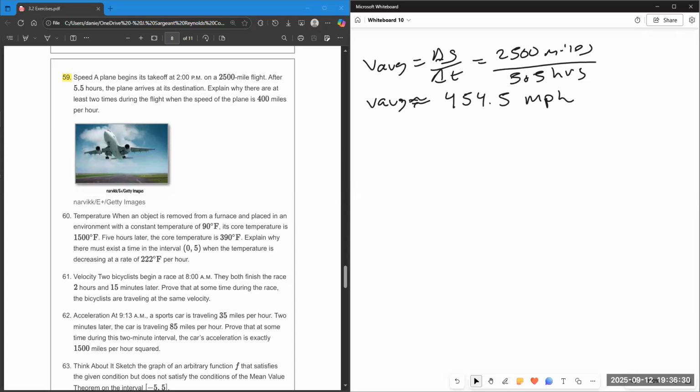So then the question is, explain why there are at least 2 times during the flight when the speed of the plane is 400 miles per hour.